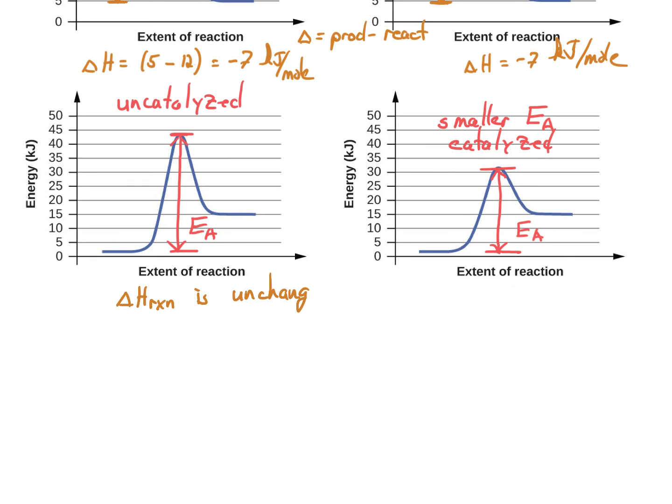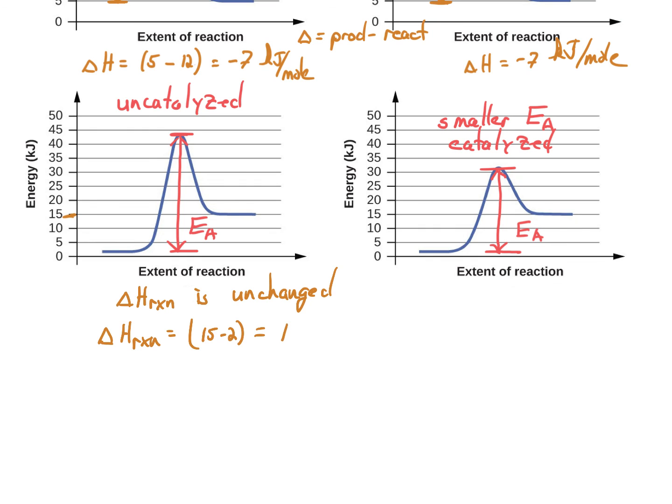Okay, we can estimate the value for delta H by looking at the reaction coordinate diagram and indicating that delta H of reaction is going to be that of the products, which looks to be about 15 kilojoules per mole, minus that of the reactants, which is, let's say, about 2.